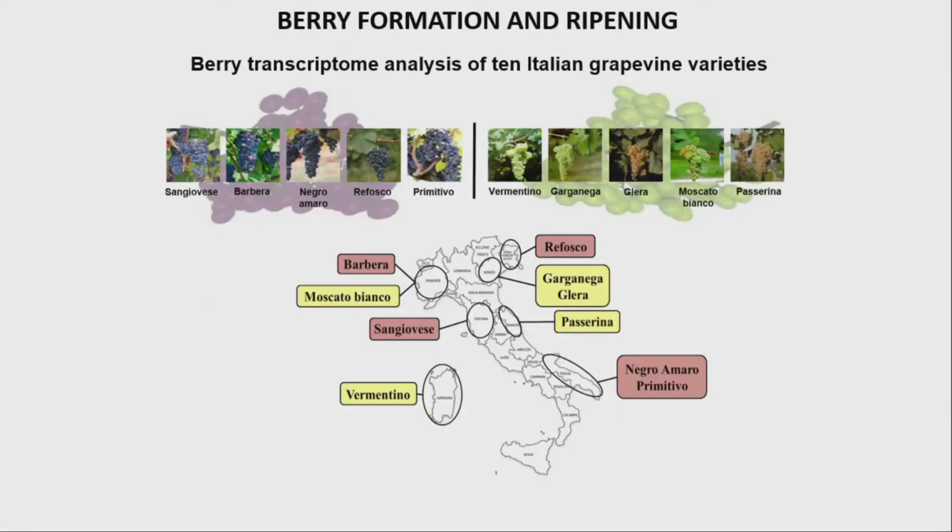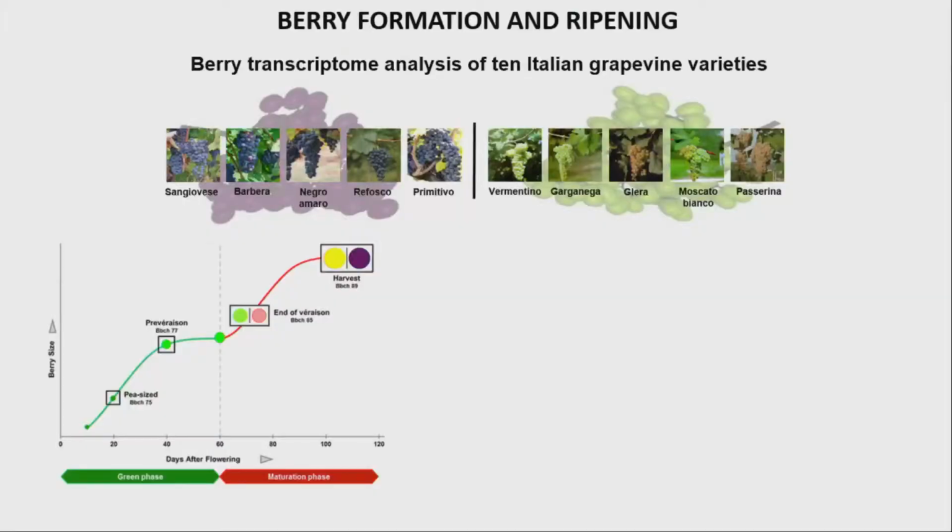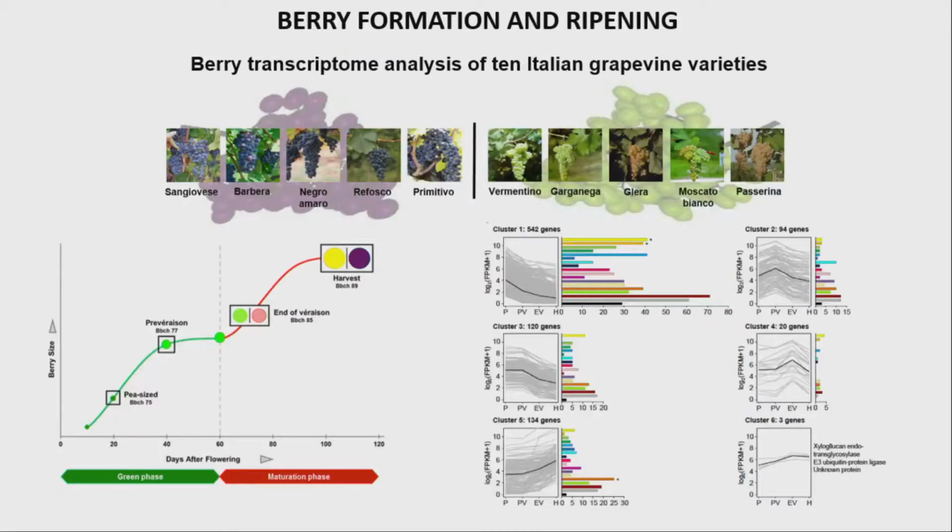Another important study, again concerning berry formation and ripening, was performed on 10 Italian varieties, 5 red and 5 white, that represent different regions of Italy. In this study, all these varieties were grown in the same experimental field, so in the same condition, and we collected 4 developmental stages for each, with the aim, in that case, of finding genes that commonly modulate their expression.